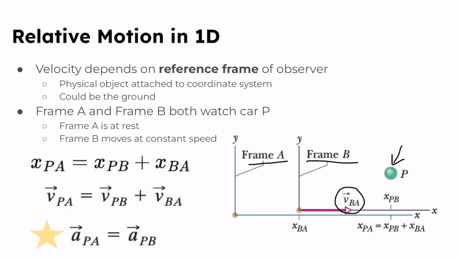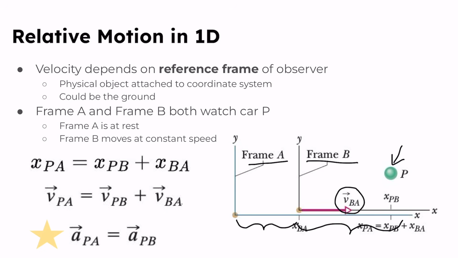From this graph, we can see that the position of the car relative to A is just the position of the car relative to B, which is this distance over here, plus the position of B relative to A, which is this distance here.